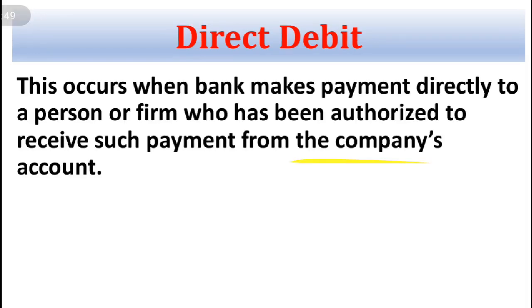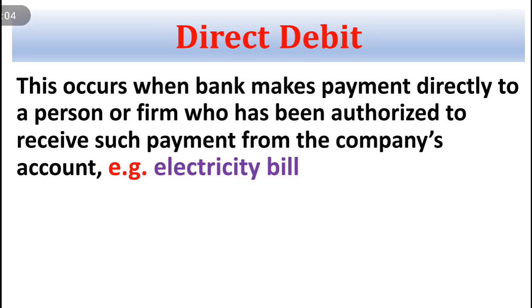Direct debit. If you are talking about direct debit, this occurs when the bank makes payment directly to a person or firm who has been authorized by the business to make such payments on their behalf. A good example of it is electricity bill. We know at the end of the month, there will always be payment for electricity.